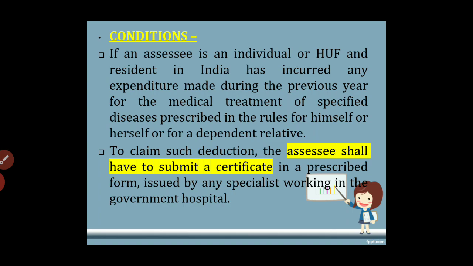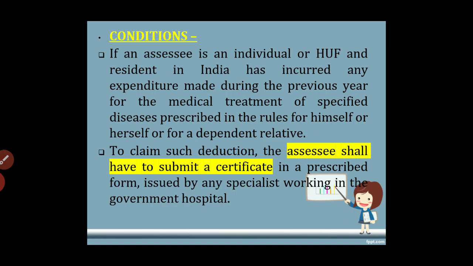That means if you are incurring any type of expenditure for the medical treatment of a specific disease, which are those diseases? આ બધા disease ક્યાં ક્યાં? તો કે all those diseases which are prescribed in the rules of the IT Act. IT Act ના અંડરમાં જે રૂલ્સ છે એમાં આ ડિસીઝનું લિસ્ટ છે પ્રિસ્ક્રાઇબ કરેલ છે અને એમાં જે પણ ડિસીઝ મેન્શન કરેલા છે એટલે કે પ્રિસ્ક્રાઇબ કરેલા છે એ બધાના અંડરમાં જો કોઈ અસેસીની મેડિકલ ટ્રીટમેન્ટ ચાલતી હોય અને એમનો કોઈ એક્સપેન્સ થતો હોય then an assessee can avail that deduction.